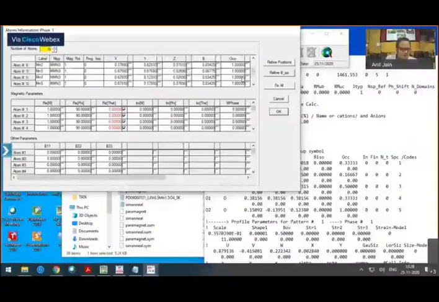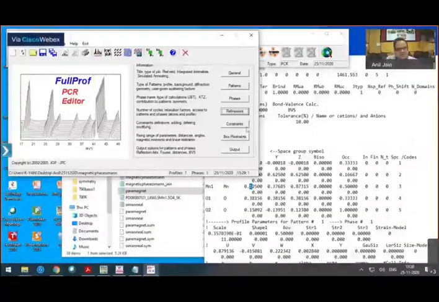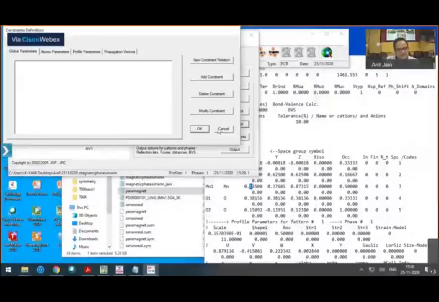This is a little bit of a long file, so I have kept it like this: theta, phi coordinates. Now the other thing is about constraints.